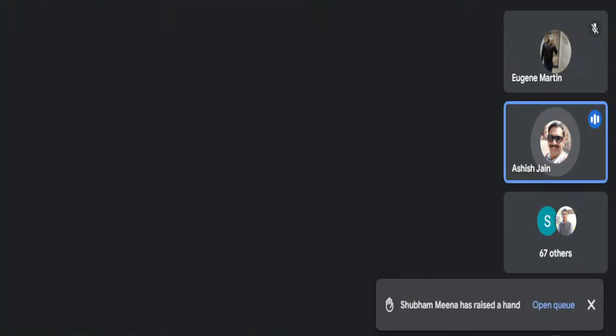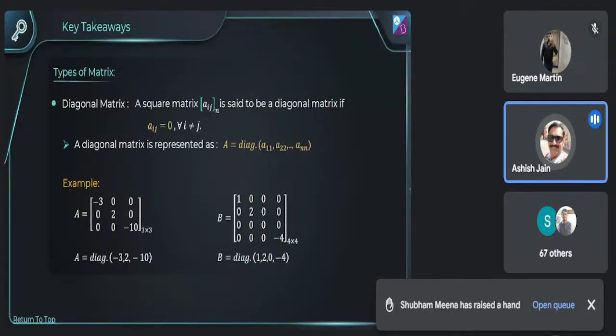In a normal matrix, we consider elements at positions where i and j are the same as diagonal, but apart from that, the value at all other positions should be 0. For example, the matrix capital A is equal to -3, 0, 0, 0, 2, 0, 0, 0, -10. Here, we only have values in the principal diagonal elements. Rest all the values are 0.